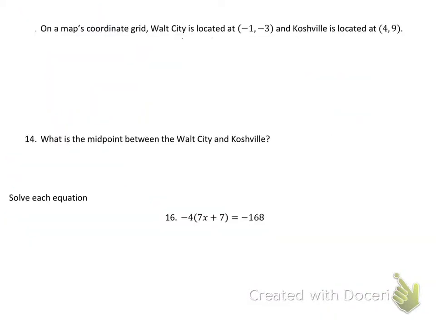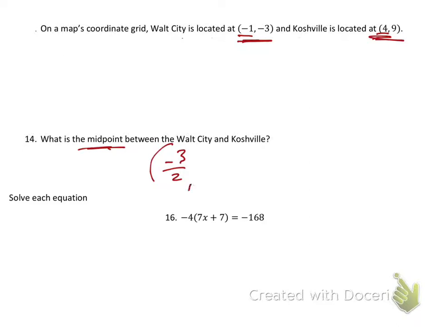All right, so for 13, you found out a certain answer. Then you want to find the midpoint between Walt City and Cosheville. Walt City is located here, Cosheville is located here, so you just have to find the midpoint. We're going to plug that into our midpoint formula. So it's going to be -1 plus 4, which would be 3 over 2.